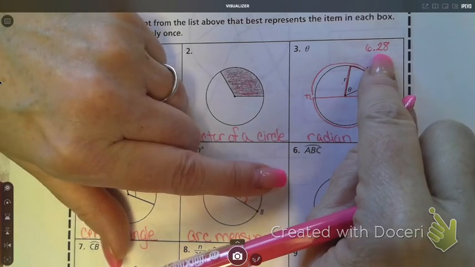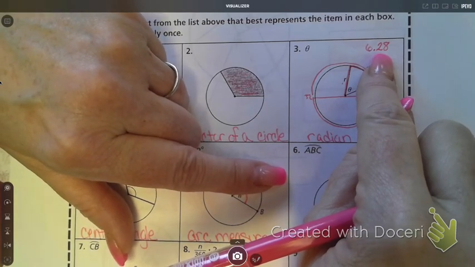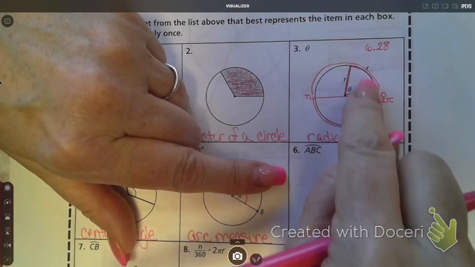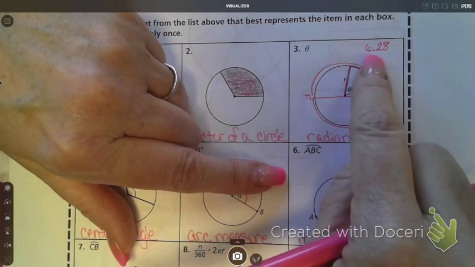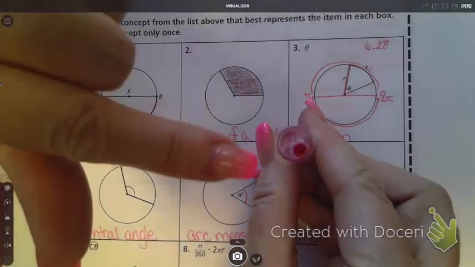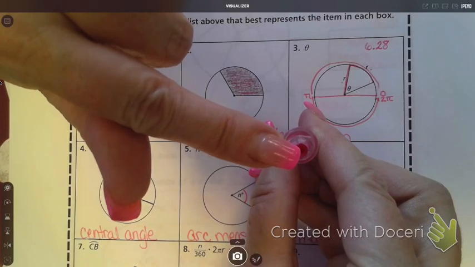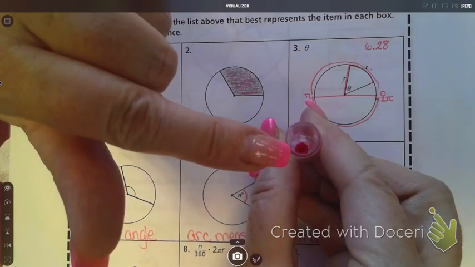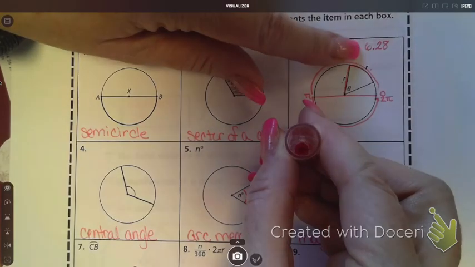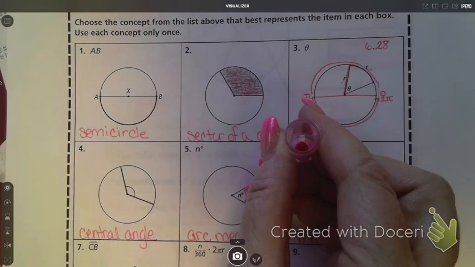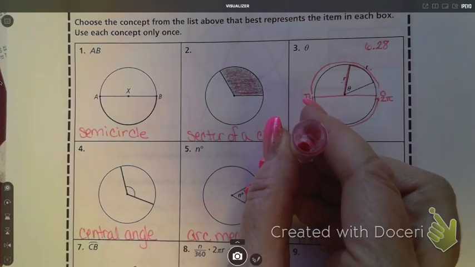Now, every circle, guys, no matter how big or small. So this circle right here, if I took the radius and measured it, I'd approximately get how many? 6.28. This circle right here on the end of my pen, if I measured the radius and then laid it on the circumference of this little circle, I would get approximately what? 6.28. The big circle in the center of the basketball court, guess what? It'd be approximately 6.28.